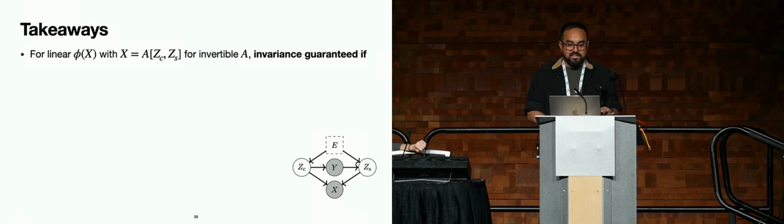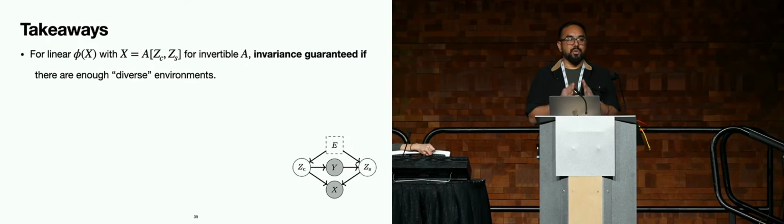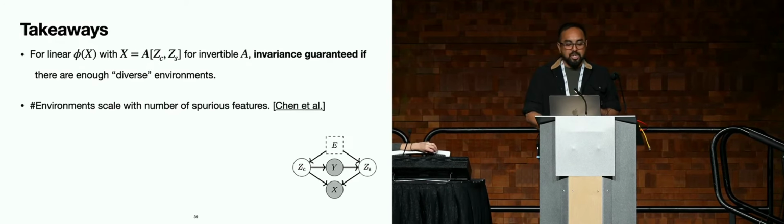All right, so to summarize, if you have a linear representation and your inputs x are an invertible transformation of your causal and spurious features, you're guaranteed invariance with the IRM objective if there are enough diverse environments. So you can't just observe one environment in your training data, you need to observe multiple. Chen et al. show that the number of environments you need scales with the dimension of the spurious features, which is not exactly something you observe in your data, because you were only told at the beginning of this, when you assume this coupling, that you have data from different environments.